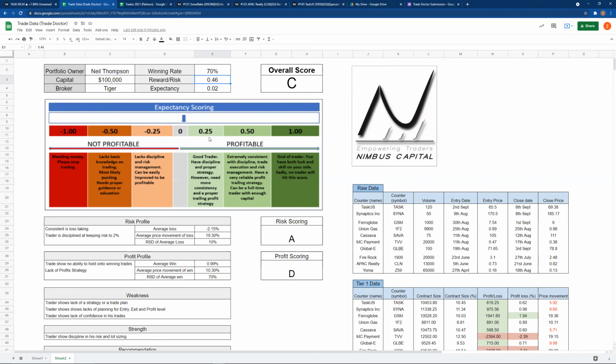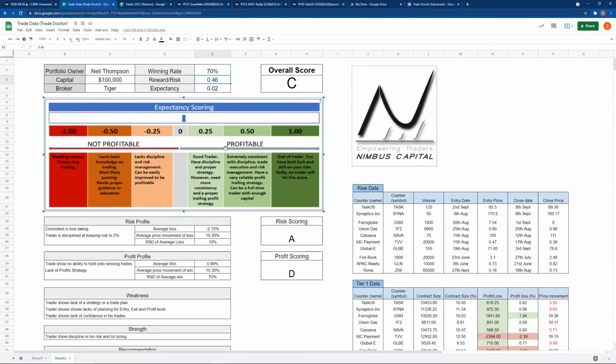But because the winning rate is so high, it helped pull his expectancy up to positive. But this positive is not very positive, because it's 0.02, which rounded down is practically 0.